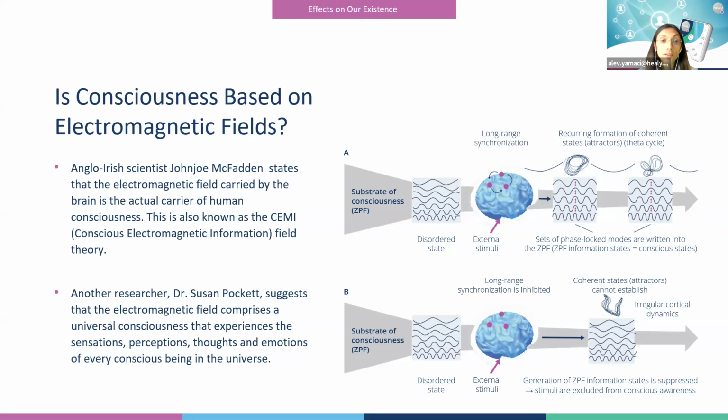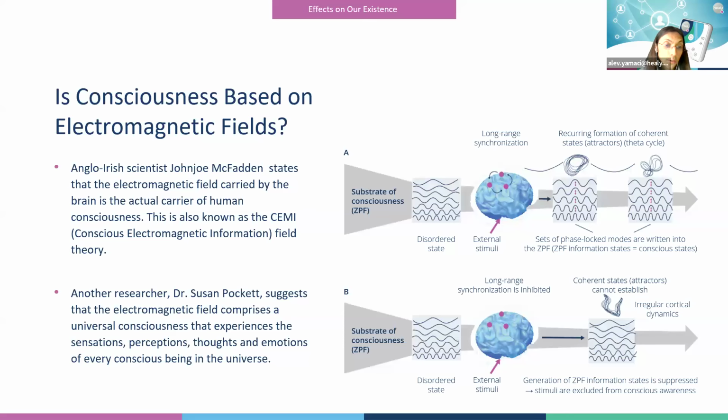This is also known as the CEMI, the Conscious Electromagnetic Information Field Theory. That's really interesting, because that's always what scientists are struggling with. Where's the consciousness? How is the brain functioning and so on? And it seems that it's not so easy as they always thought.